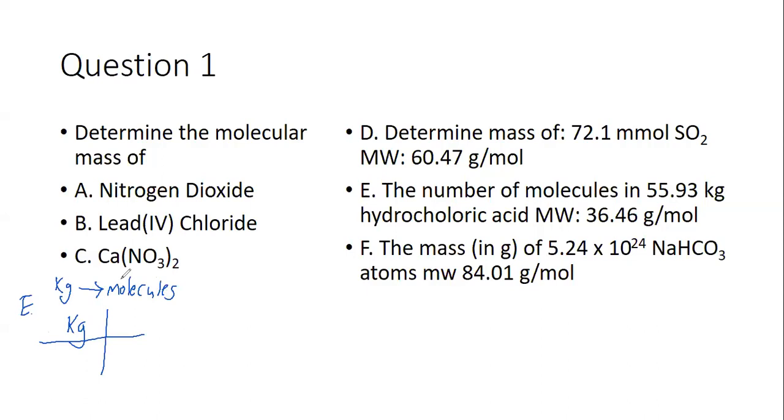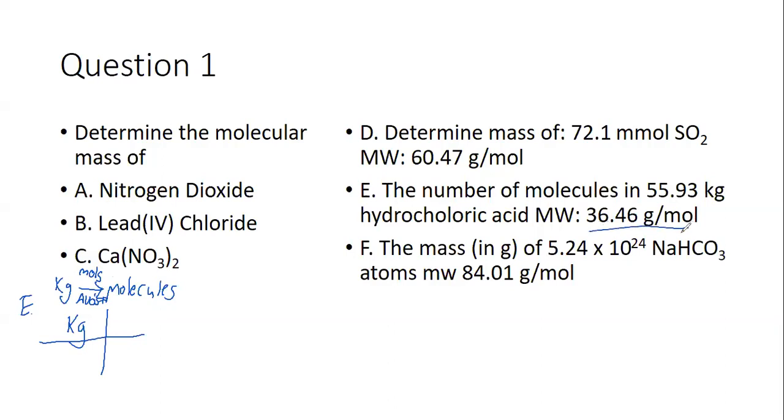The only way to go to molecules is by using moles. I can't go from grams to molecules. I don't have a conversion for that. But I do have a conversion from moles to molecules. If you remember, we call that Avogadro's number. So I'm going to write Avo's number here. So my first task is to go from a weight, which is kilograms, to go to moles.